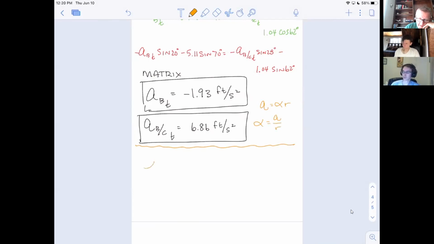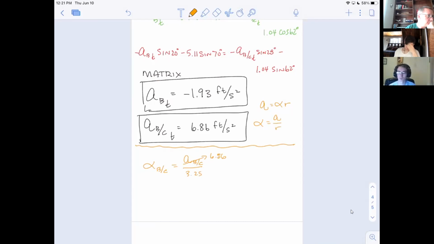If I want to know the angular acceleration of BC, how fast is that connecting arm's rotation speed changing, then it's the linear acceleration of BC divided by the radius of BC, which was the long one, 3.25. And we just figured out this was 6.68, 6.86 or 6.84, depending on how you rounded it.